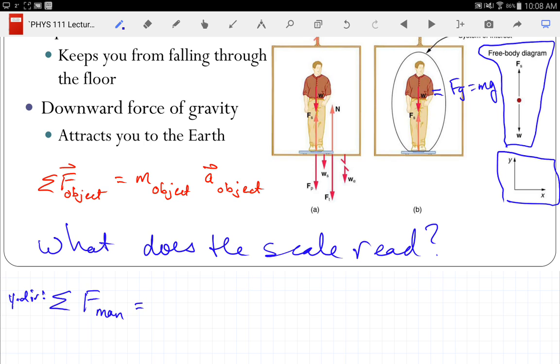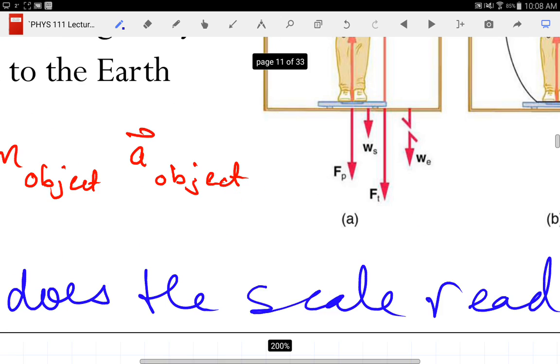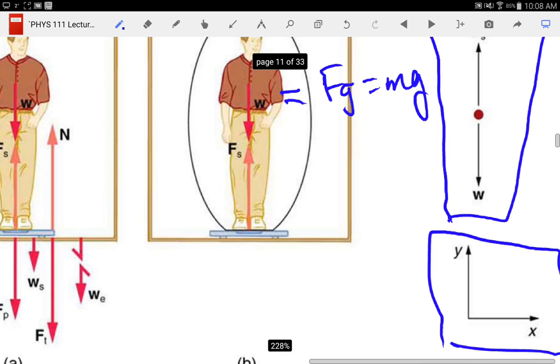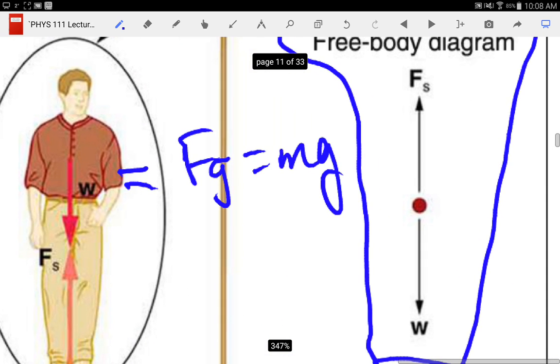So which one should I consider positive? Okay, can you read the names or are they too small? Okay, there you can read the names. Which one is going to be positive of those 2 forces? F sub S, right?